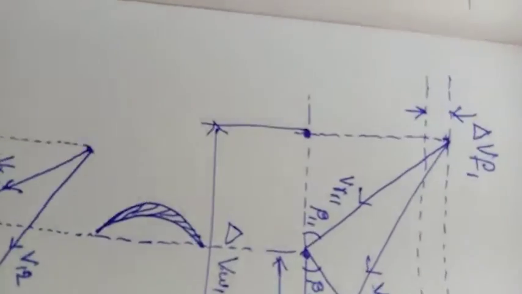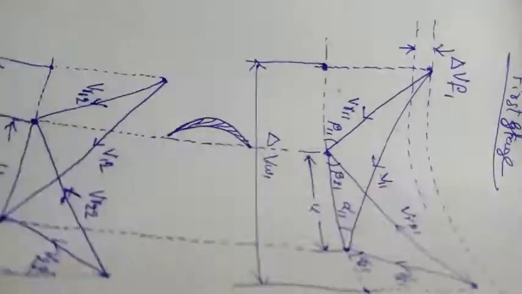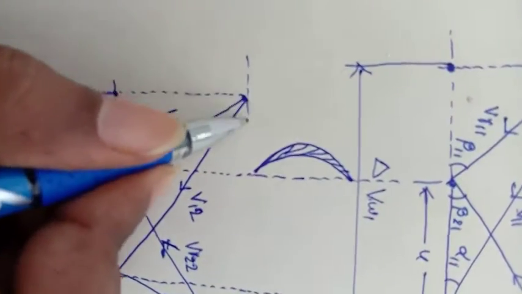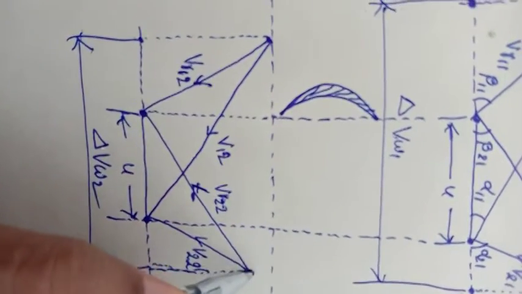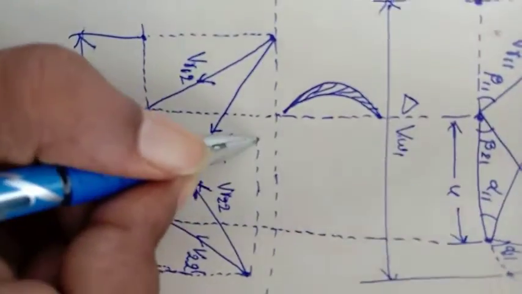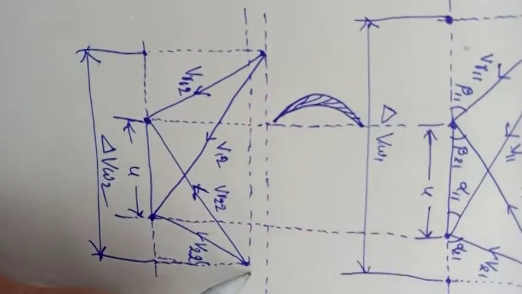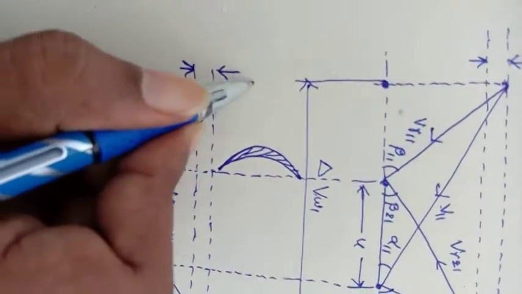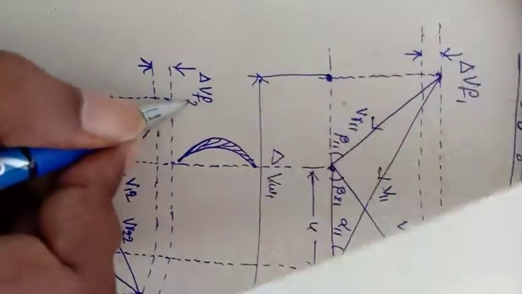Similarly, we are going to draw the flow velocity lines, the horizontal ones. I never change anything. So this is the change in flow velocity 2.